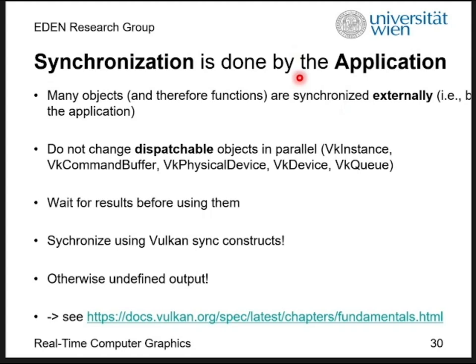So let's say you submit work, first turn something into a texture, and then immediately afterwards use this texture to do something. So there's a dependency. The second command needs to use the output of the first command. But if you pour work into a pipeline, all of this work actually can be done completely in parallel.